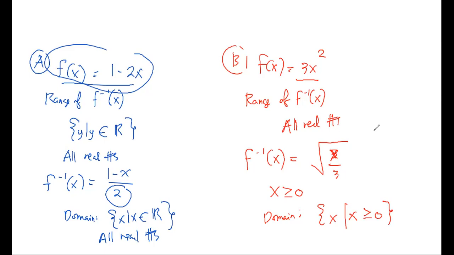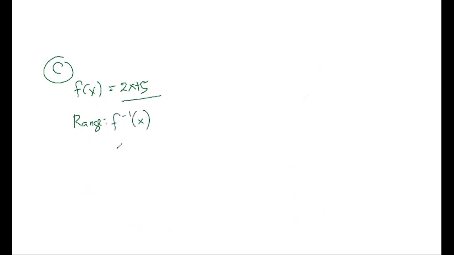Next, let's have letter C. In set C, our f of x is equal to 2x plus 5. So we say that there's no restriction, so the range of our inverse function will be the set of real numbers.